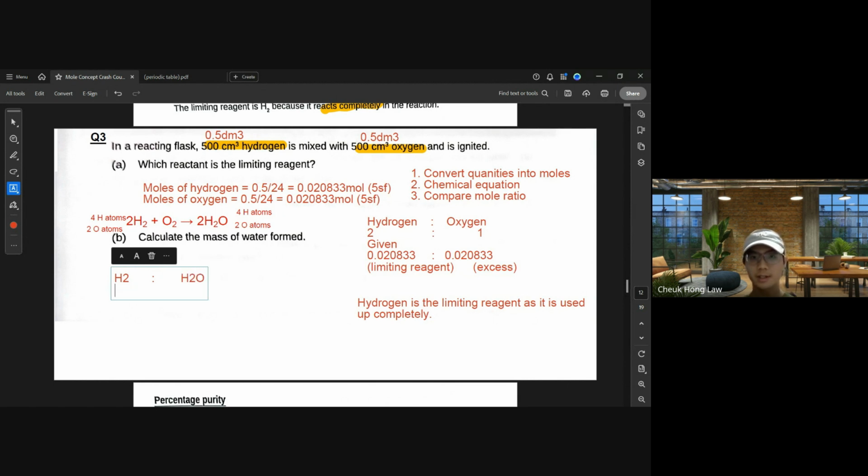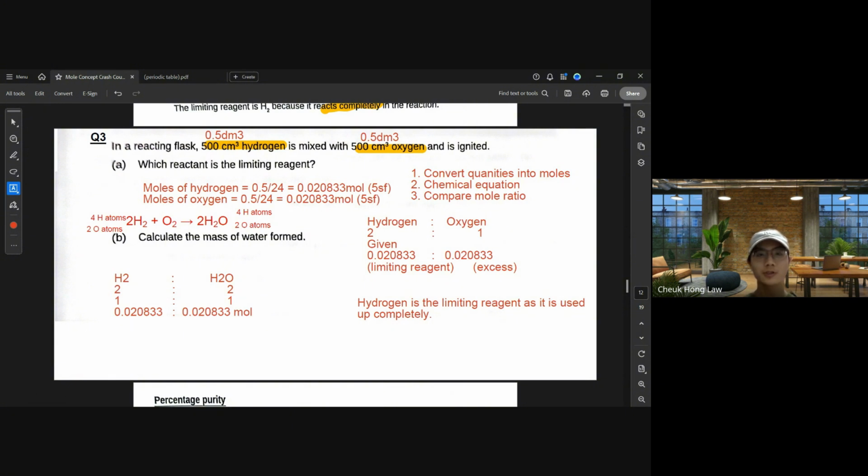We look at the chemical equation: 2 is to 2. In simpler terms, it's 1 is to 1. And the actual mole of hydrogen is 0.020833, this 5-digit decimal. So 1 is to 1, so the number of moles of water will be 0.020833.